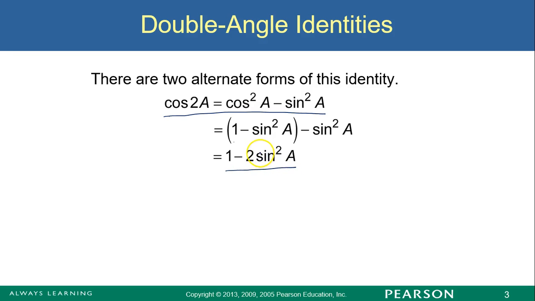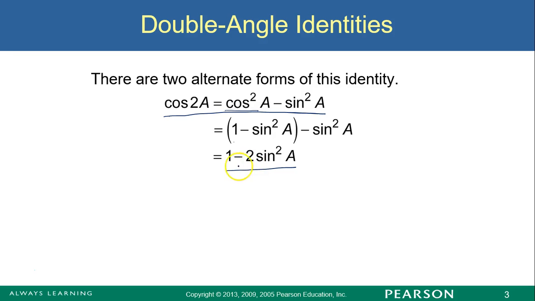And it's often nice to have these multiple identities for cosine of 2A, or a double angle identity for cosine, because many times you're not given both cosine and sine values. Sometimes you're just given one or the other.